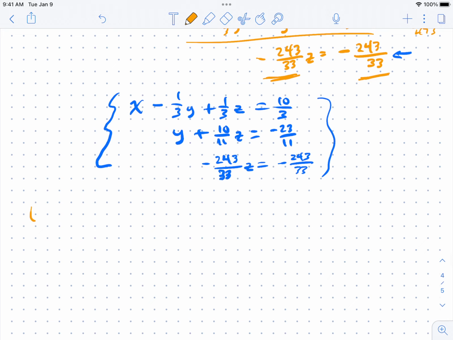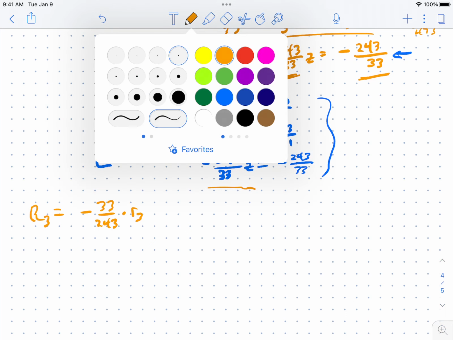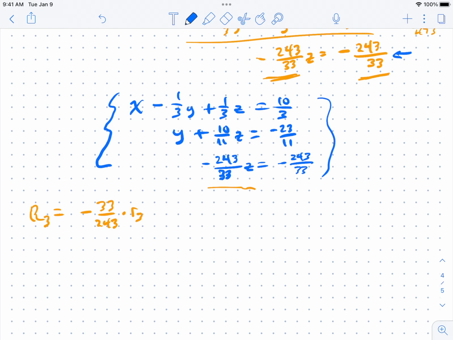The next step, hopefully, is kind of obvious. We want to take row 3, and we want to basically multiply by the reciprocal here to make that just a z. So negative 33 over 243 is the reciprocal times row 3. And when you do that, you get something really nice. You're going to get x minus 1/3 y plus 1/3 z equals 10/3.